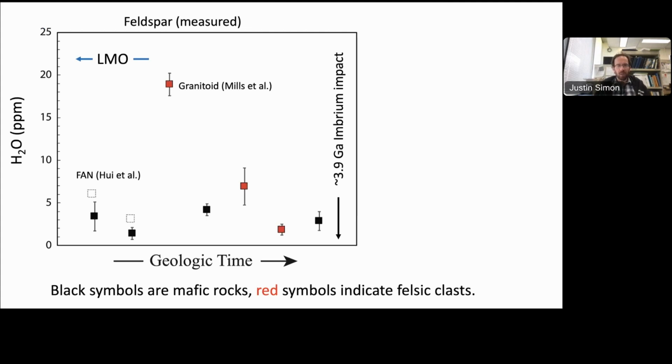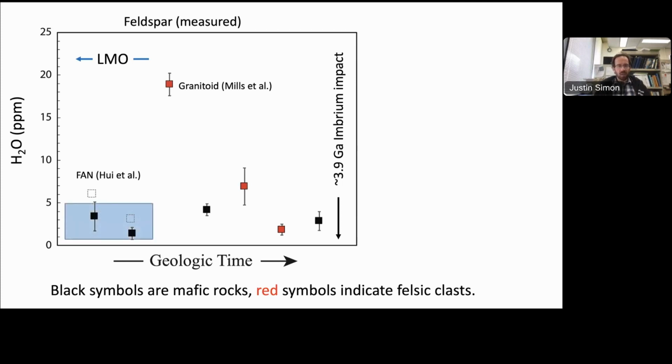Some of these have greater uncertainty than others, but they are placed in approximate order. The volatile abundances are quite precise, and they are obviously mostly low, with the one exception of the work by Ryan. And then the other thing to mention is the black symbols are feldspars that are contained in mafic rocks, and then the red symbols are feldspars that are contained in felsic rocks.